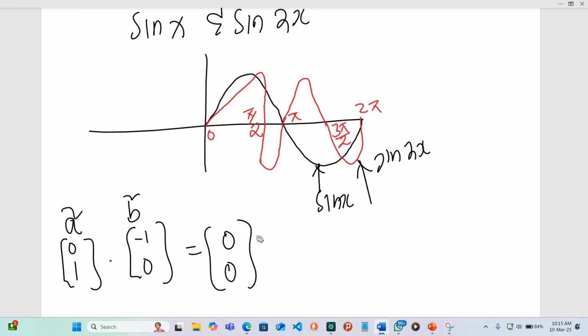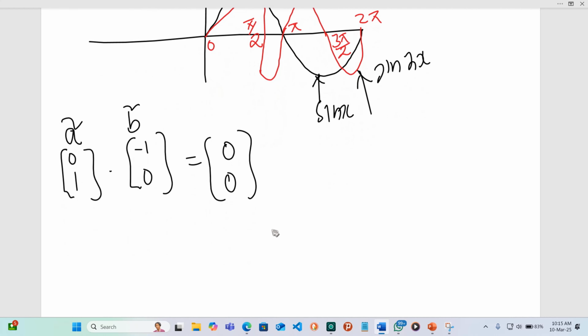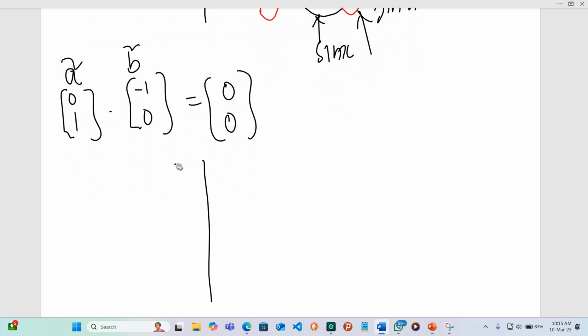Now, take an example of these two functions. Maybe you have values of x ranging from 0, then pi over 40, make sure this value is as small as possible, then 2 pi over 80, 3 pi over 80, 4 pi over 80. Let's just take these few and you'll see.